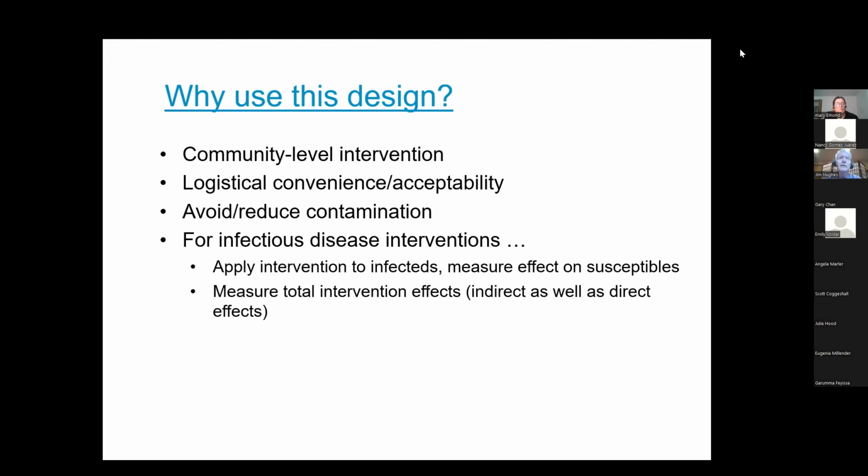Sometimes it just becomes more logistically convenient. Back in the early 2000s, there were a number of HIV prevention studies that looked at adult male circumcision as a prevention tool for HIV. Individuals who wanted to be circumcised as adults were randomized to either immediate circumcision or delayed for 18 months.